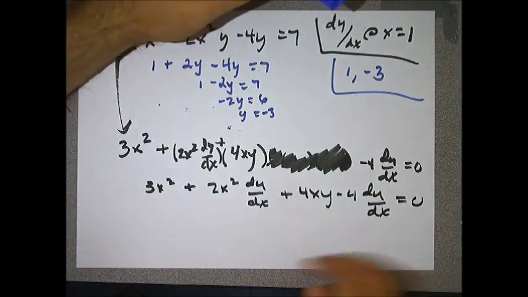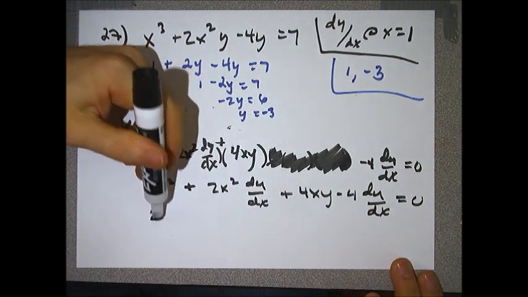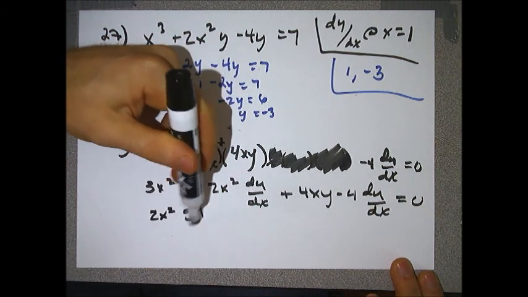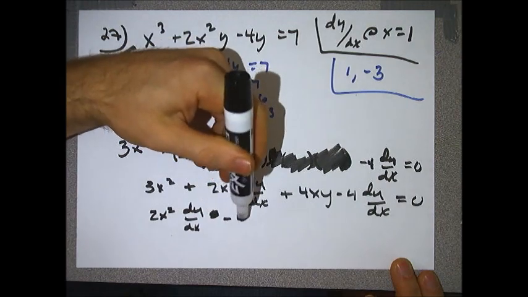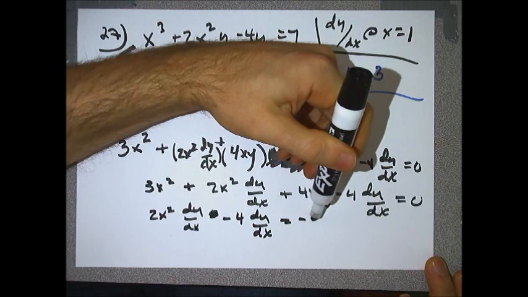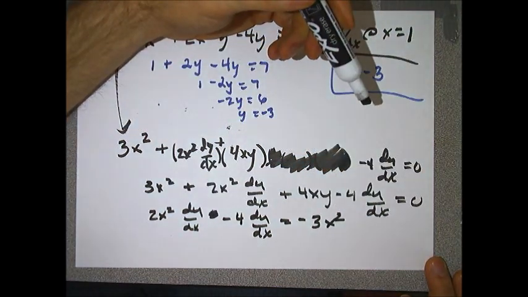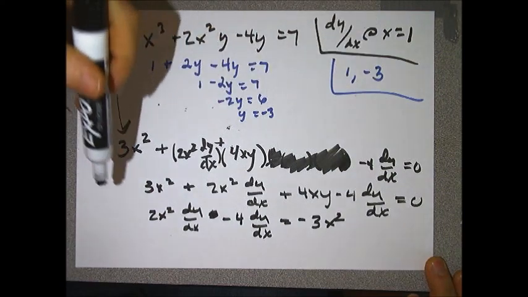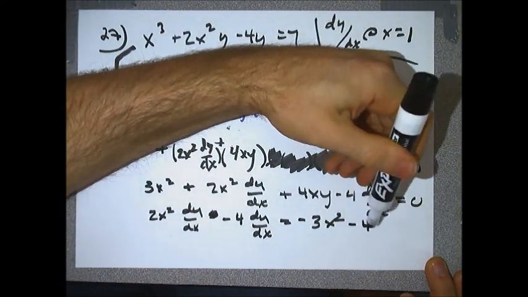Anything with the dy dx stays on the left. Everything else goes to the right. So 2x squared dy dx plus minus 4 dy dx is equal to negative 3x squared. What else do we got? Minus 4xy.